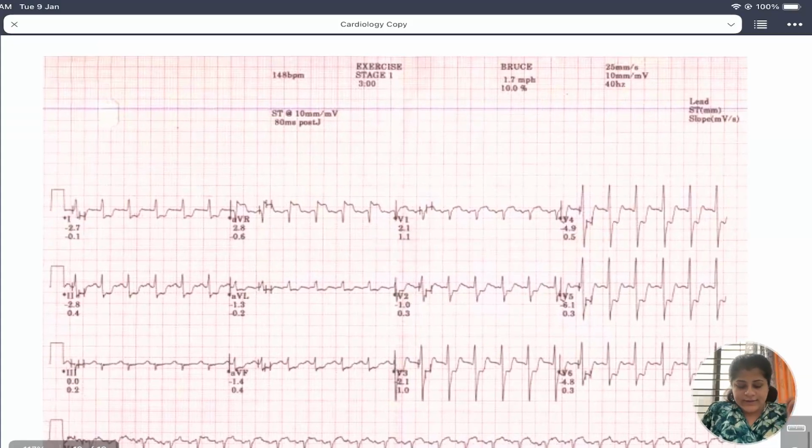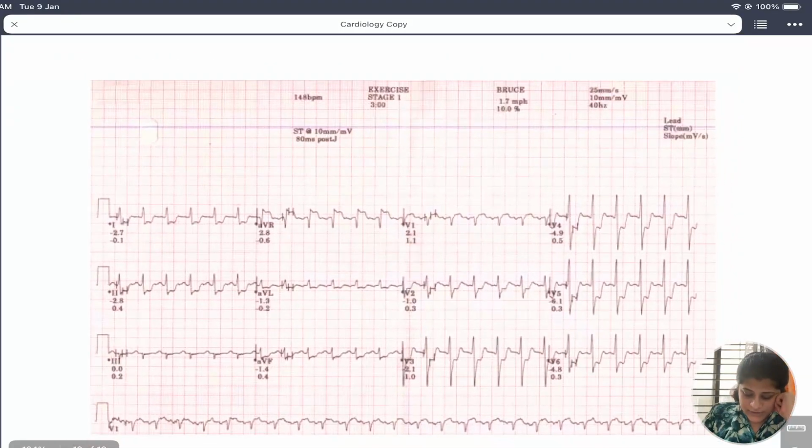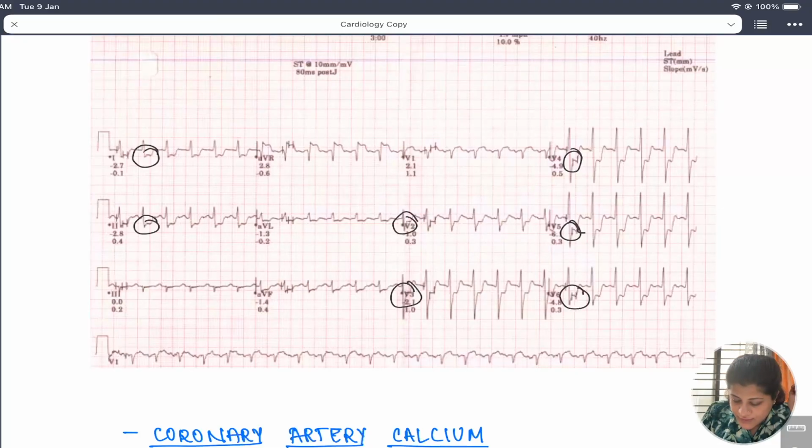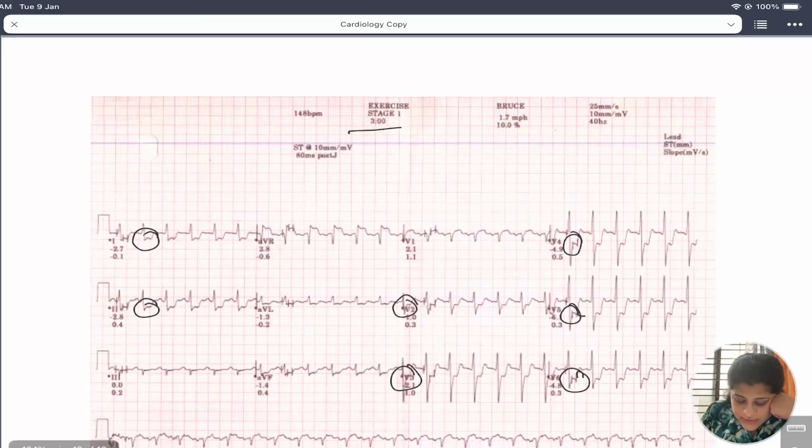Now this is one ECG with a positive TMT. Can you see there is ST depression here, ST depression here, and in V1, V2, V3, V4. This is stage 1 of the Bruce protocol.